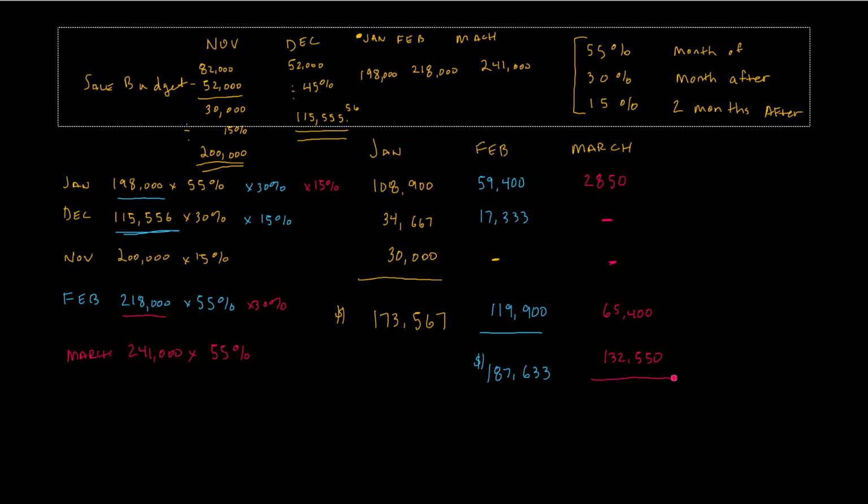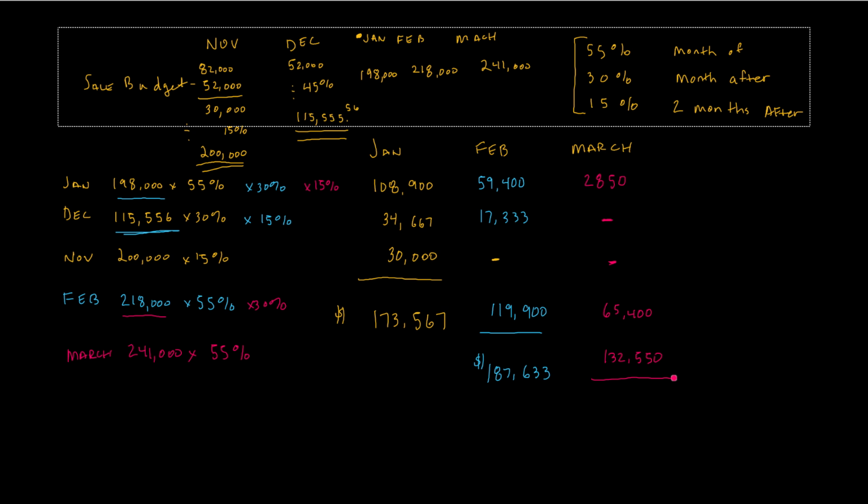Okay, so how much cash am I going to collect in March? Well, that's easy. I'm going to collect the $132,550 of March's sales. I'm going to collect 30% of February sales, which end up being $65,400.